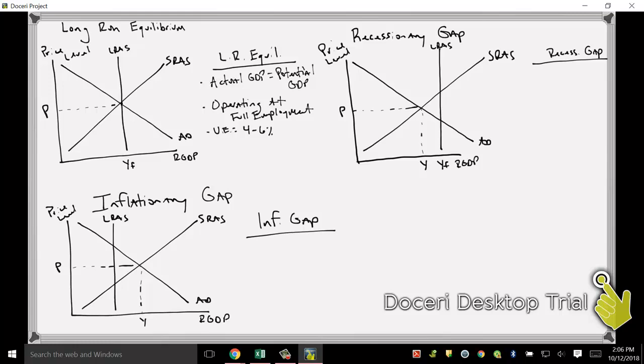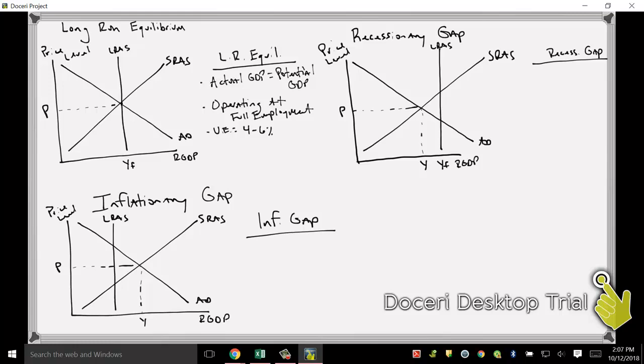Now, the next scenario we have is a recessionary gap. I think it's important that we understand that when we're comparing the long run equilibrium to the recessionary gap, we did not just simply change the long run aggregate supply curve, but the long run aggregate supply curves are in the same position. YF is equal to YF in each graph. Something else had to change to create the recessionary gap, which would be either a decrease in aggregate demand or a decrease in aggregate supply.